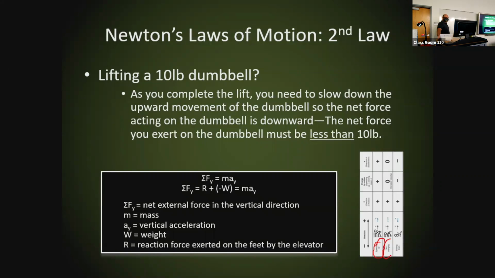This one, the center one, would be as we are moving it throughout the range of motion between the starting and stopping points. And then in the last one, we are slowing it down and possibly coming to a stop.